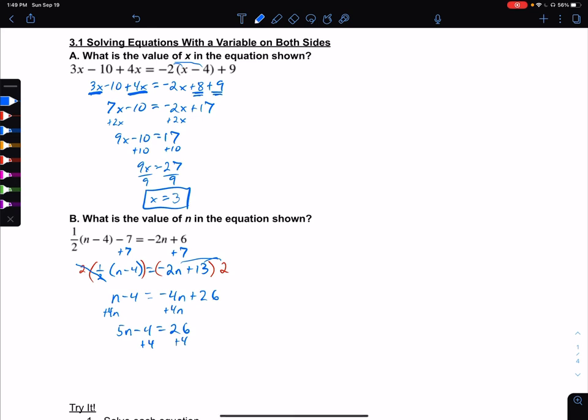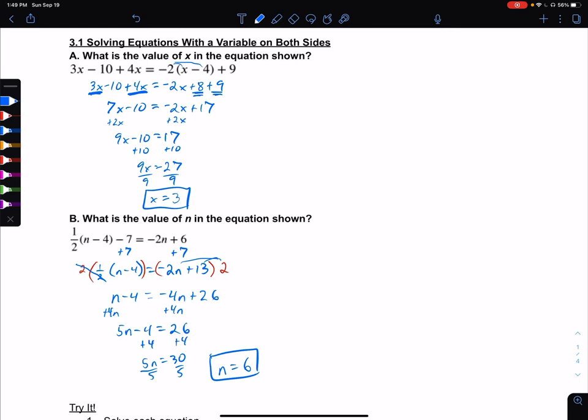We would add 4 to both sides, 5n is equal to 30, and we would divide by 5, so n would be equal to 6. Again, it would be a good idea to check your answer to make sure that when you plug that 6 in, both sides are balanced and equal to one another, but that's the right answer, so we're going to go with that.